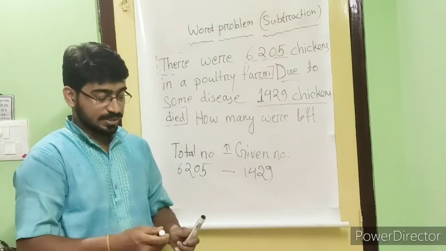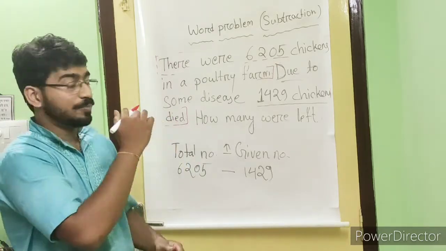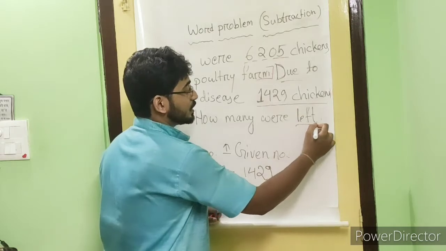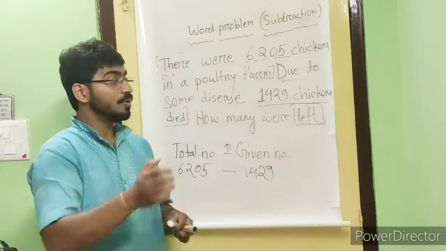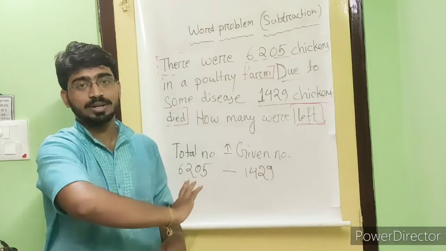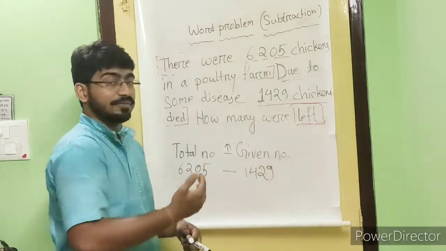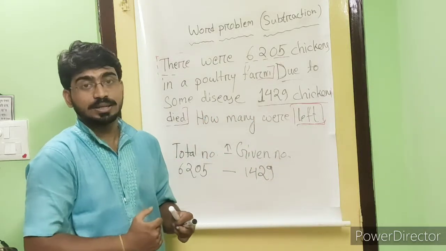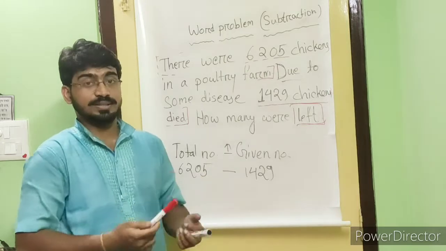And the second one is hint word. In case of this word problem, we can mark the hint word left. So for this particular type of questions where how many were left, this left word will be there, you can find it out easily.